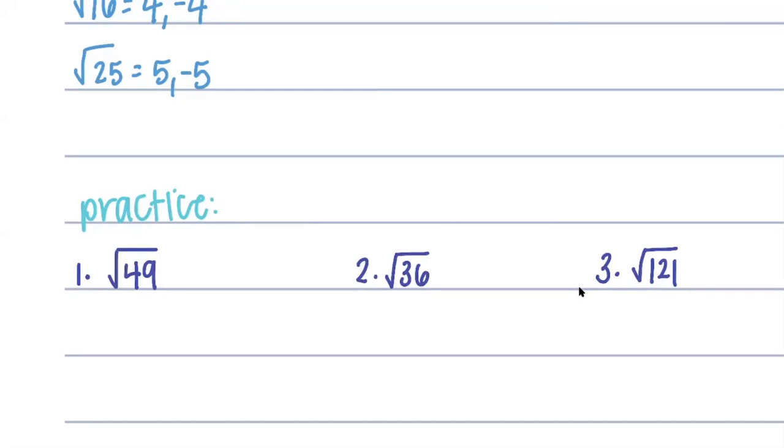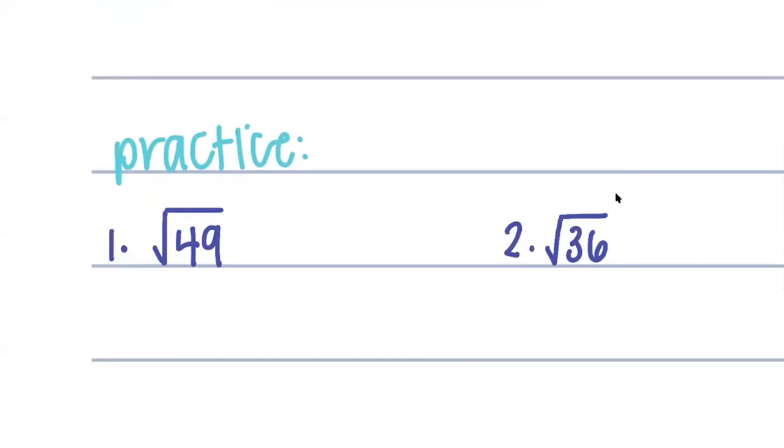I know a lot of you guys are getting these right. Okay, Athena, go ahead. You can explain or just tell me your answer. Okay, so 7 times 7 equals 49. So the square root of 49 is 7. Does anyone want to say the other answer to this problem?